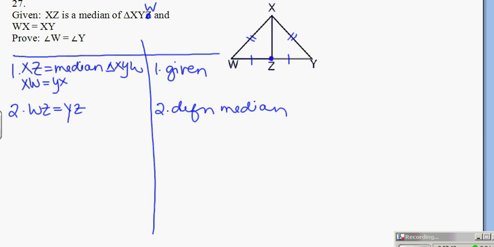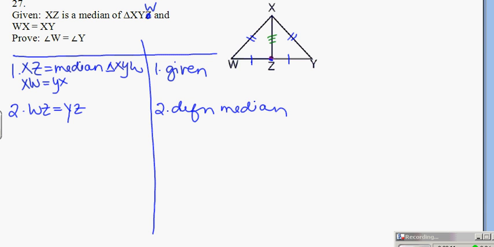Now the other piece of given that they give me is this side here and this side here. Now that I have 2 sides congruent, I'm either going to look for side, angle, side, which I can get with the isosceles triangle theorem, or 2 sides, I'm going to look for side, side, side, which I also have with the reflexive side, excuse me.